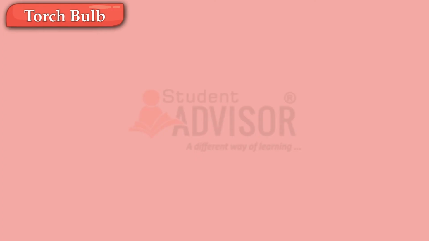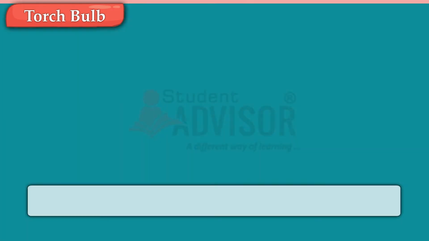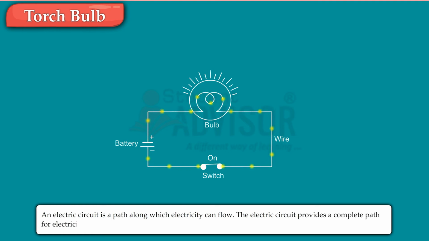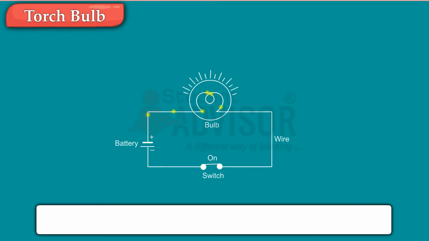An electric circuit. An electric circuit is a path along which electricity can flow. The electric circuit provides a complete path for electricity between the 2 terminals of the electric cell. The bulb glows only when current flows through the circuit.